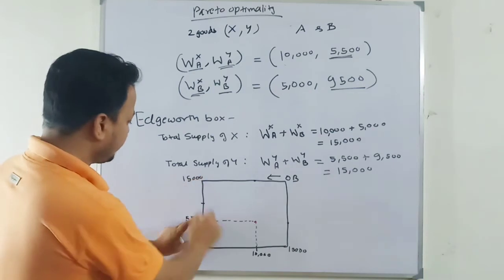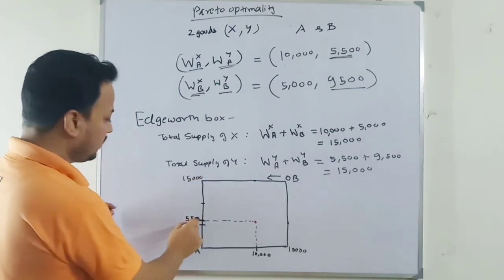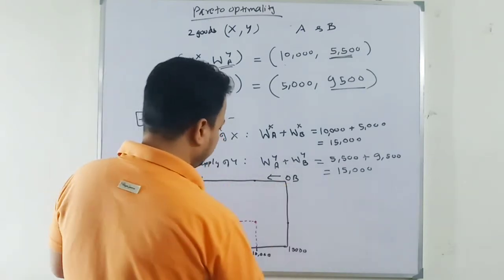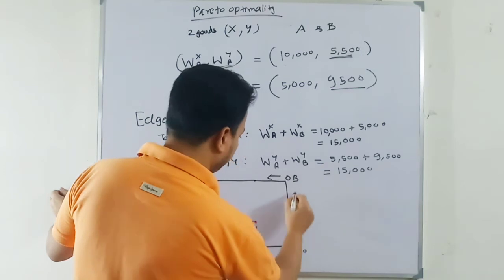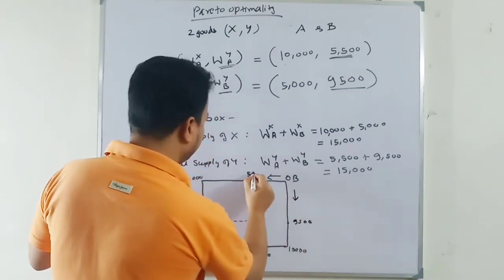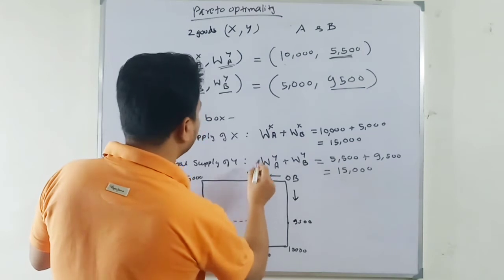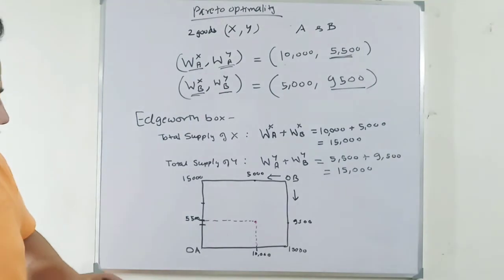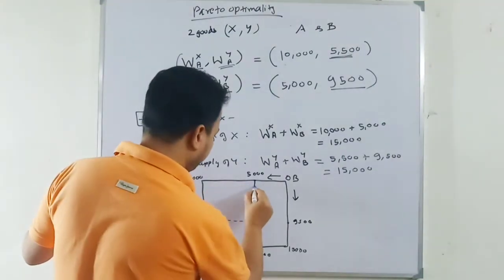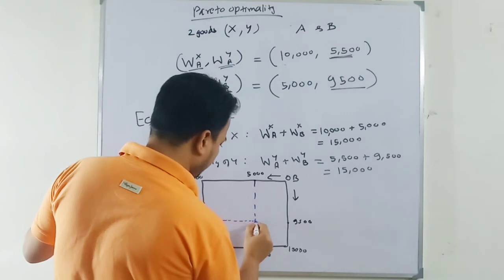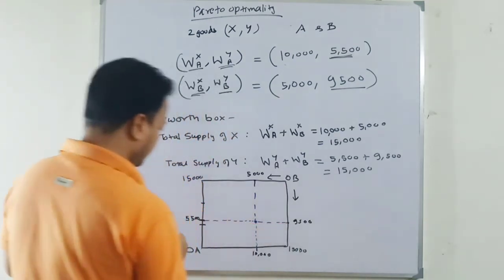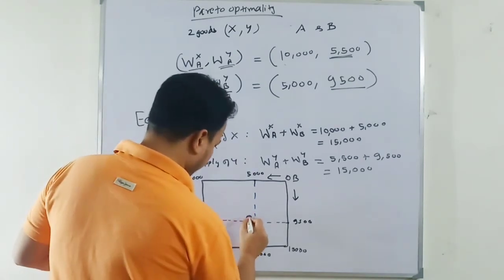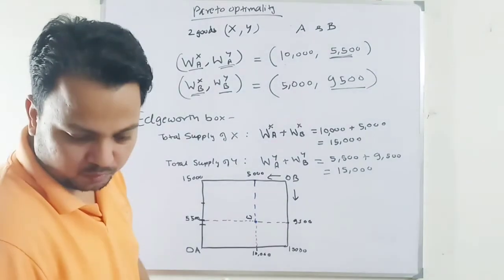When I subtract 5,500 from 15,000, I get 9,500. I will make points for consumer B also. So this is the endowment. This is the first part of the question.